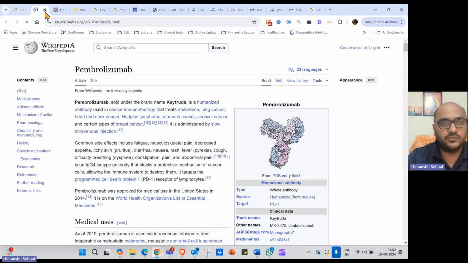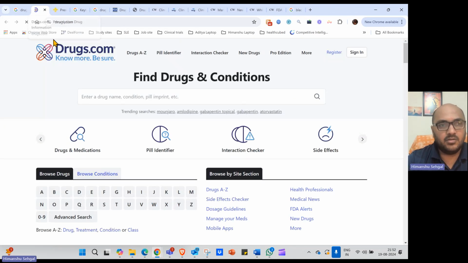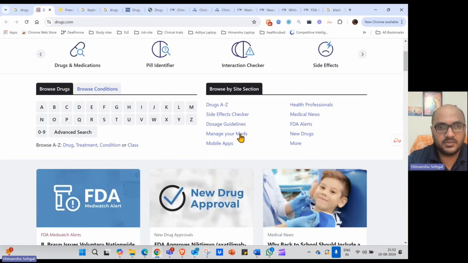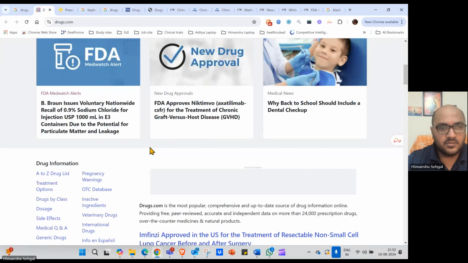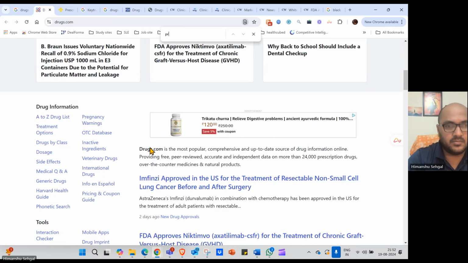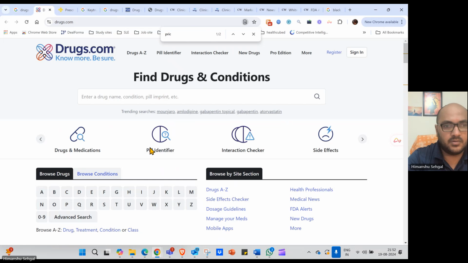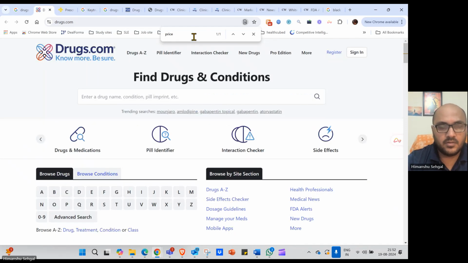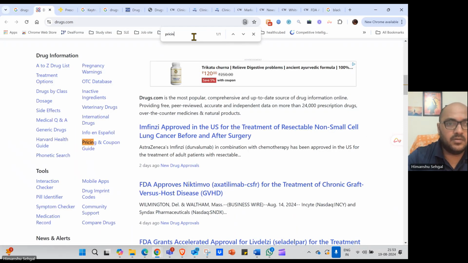I'll just search it for you. Again, web links and all, I don't suggest that. Interaction checker is also there. Pill identifier is there. Pricing. Pricing and coupons here.